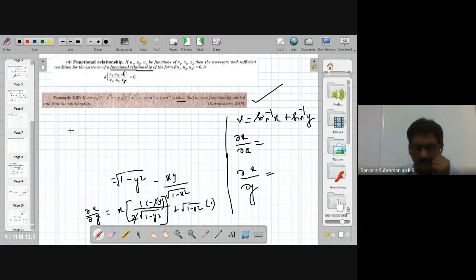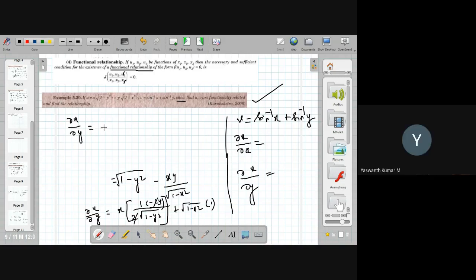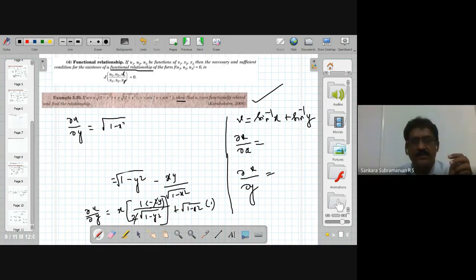So you get dou u by dou y equal to square root of 1 minus x square minus xy divided by square root of 1 minus y square.